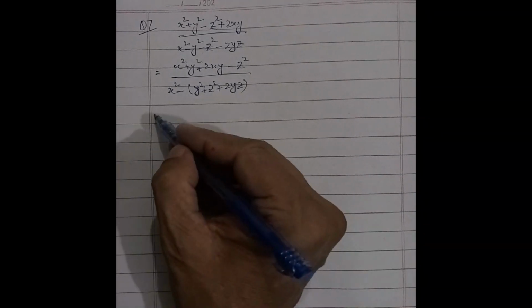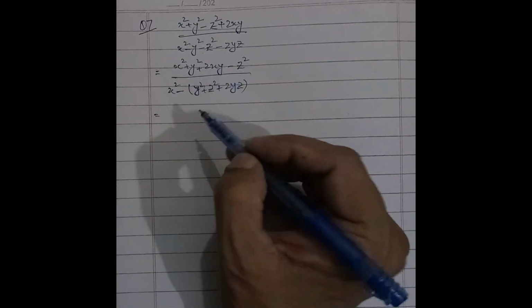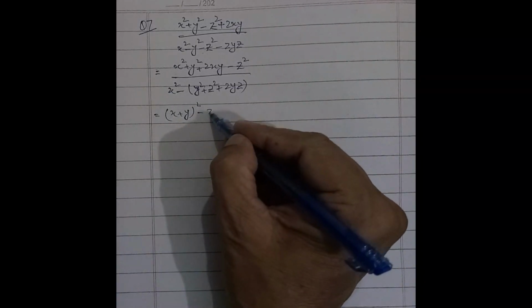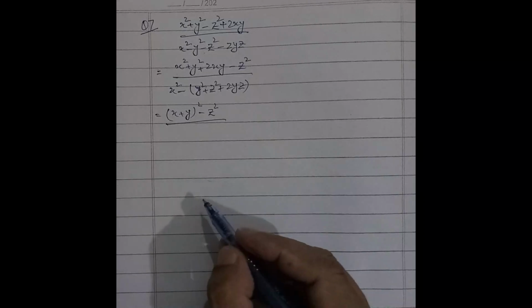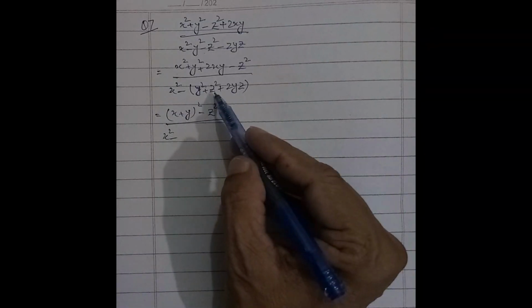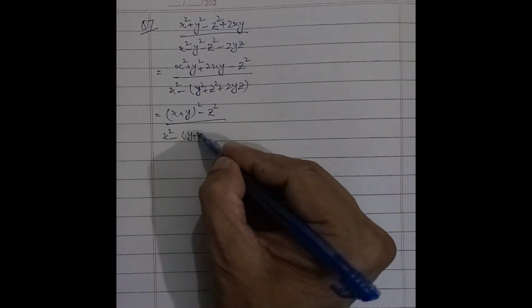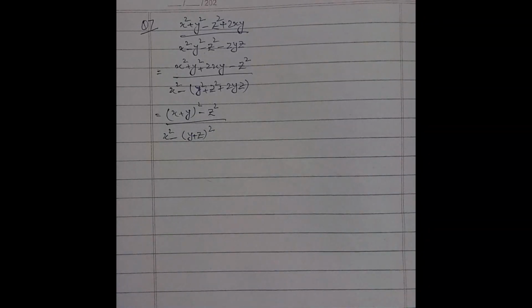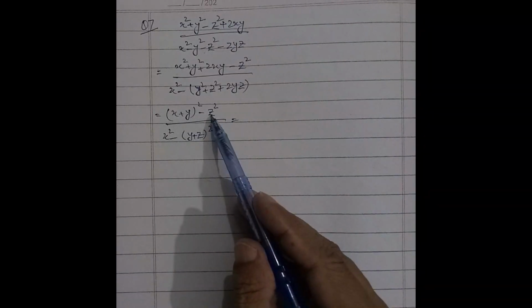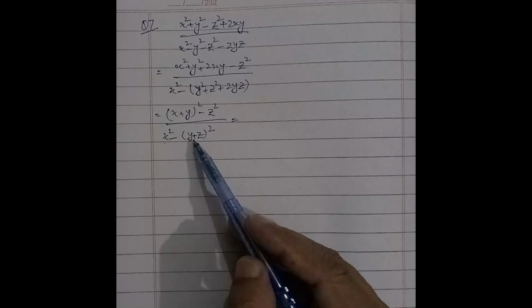Now factorize the values. We get it is x plus y whole square minus z square. And in the denominator it is x square and this value is y plus z whole square. These two values are a square minus b square and also a square minus b square.